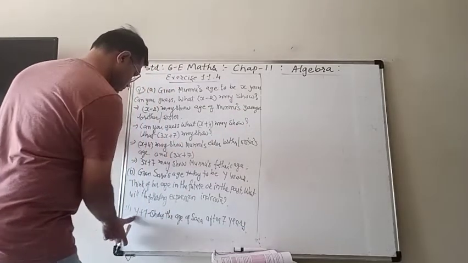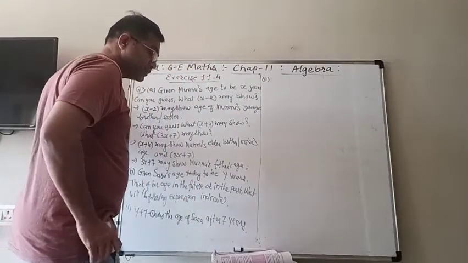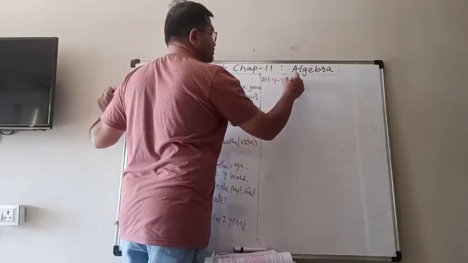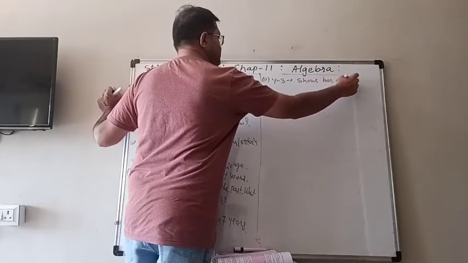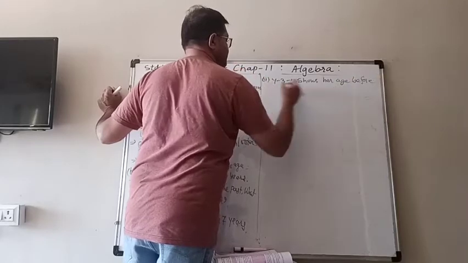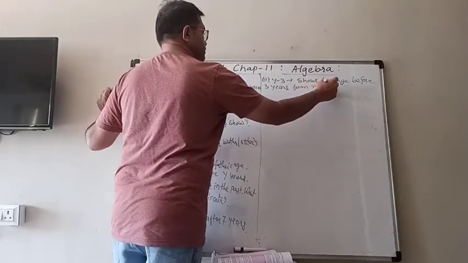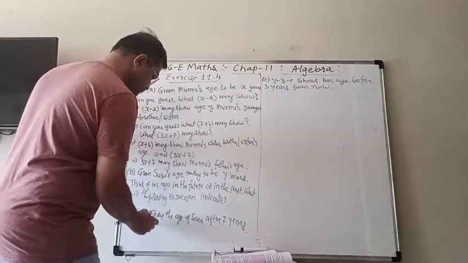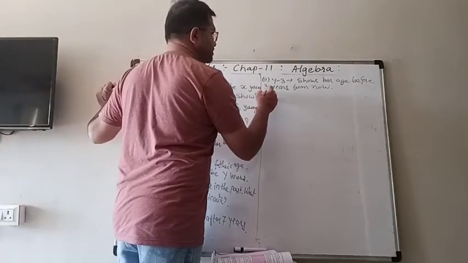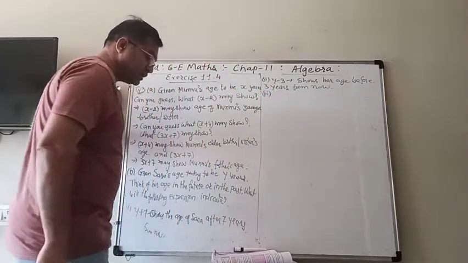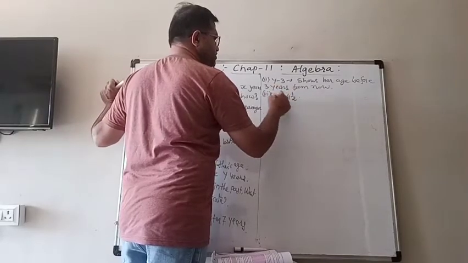Second is y minus 3. So y minus 3 shows her age 3 years before now. After 7 years from now, and here, before 3 years. Third one is y plus 4 and a half.